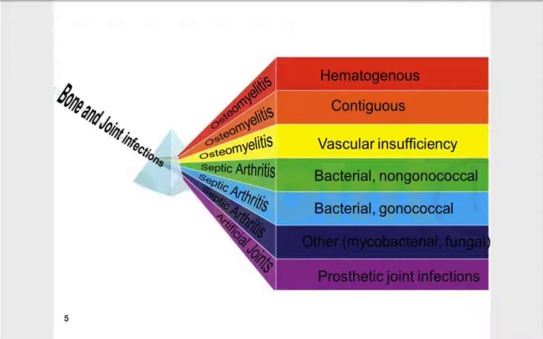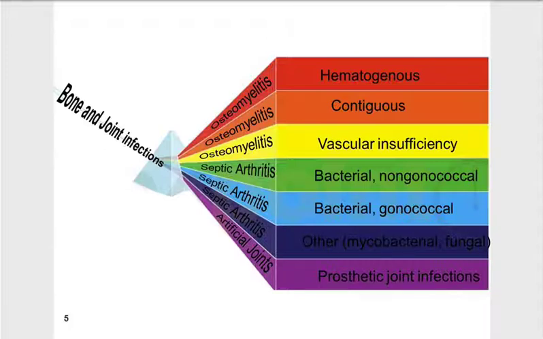So I'd like to start off. This is for those days, right, when you need unicorns and rainbows. And I kind of put this in here only because bone and joint infections really are an extremely diverse set of infections, right? So it could be anything from osteomyelitis, which can further be subdivided, right? Whether it's hematogenous, contiguous, or due to vascular insufficiency.